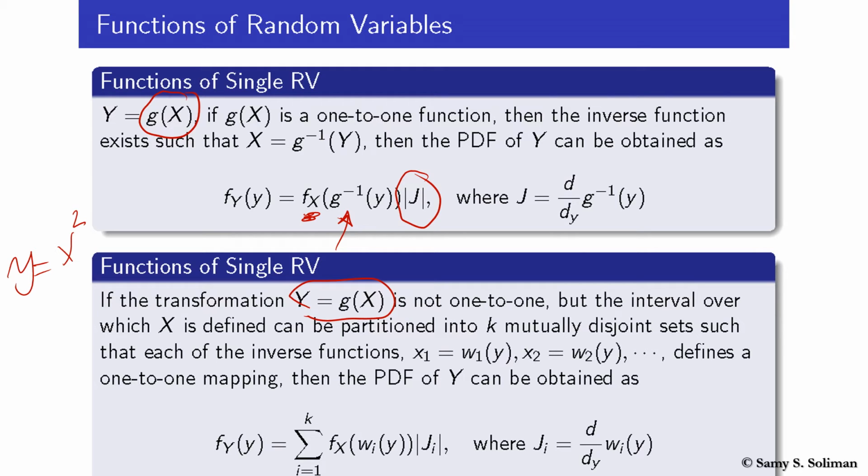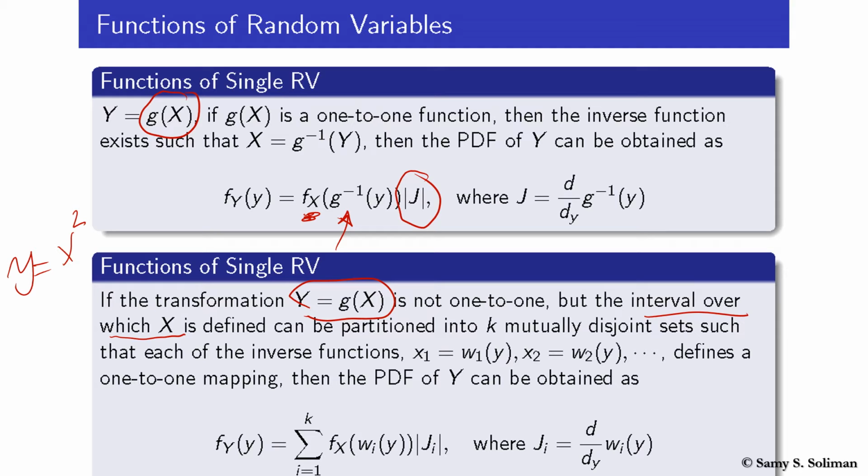However, if the interval over which x is defined can be partitioned into k mutually disjoint sets, k non-overlapping intervals, such that within each of those intervals there is an inverse function such that x is defined uniquely by the value of y.